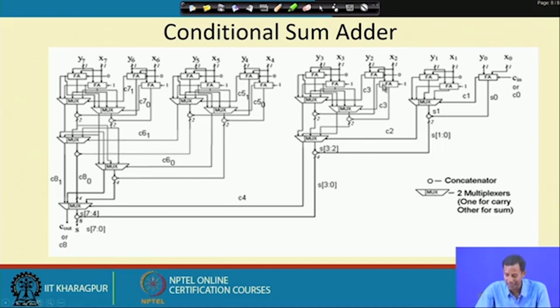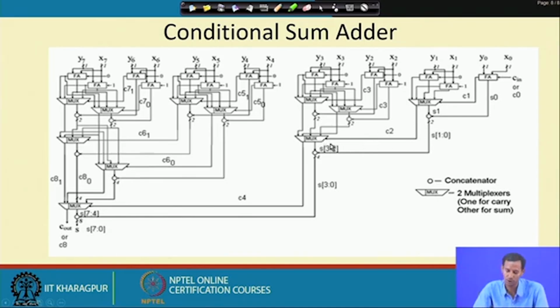So we have computed for these two multiplexers the previous stage carry. But another carry can also be generated, which is this C2, and that will also affect this particular stage. So based on that, these two multiplexers pass through another multiplexer where C2 takes the decision.